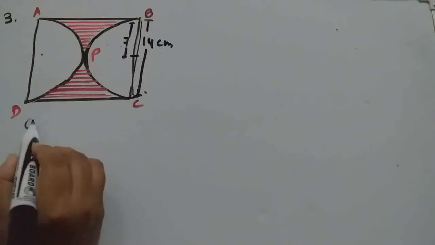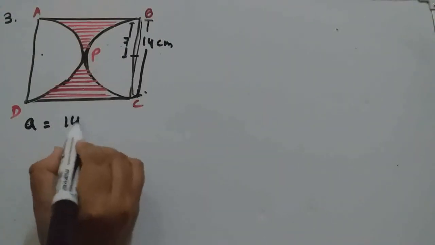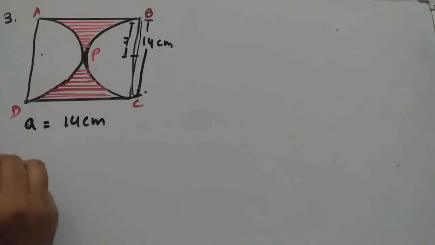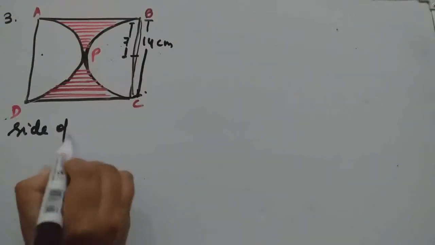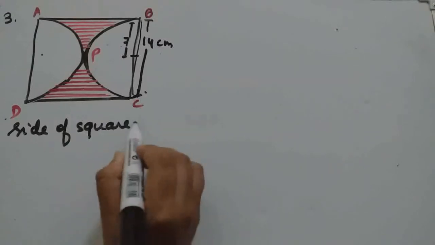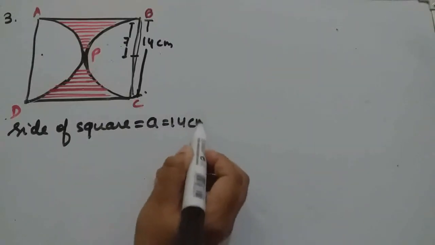So now suppose a is 14 centimeter, which is the side of the square. Side of the square equals a is equal to 14 centimeter.